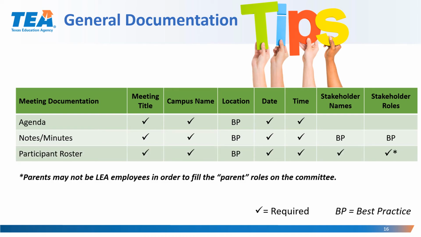The participant roster should include the meeting title, campus name, date, time, stakeholder names of those in attendance, and stakeholder roles. It is best practice to include the location of the meeting. Please note that parents may not be LEA employees in order to fill the parent roles on the committee. We will now look at requirements associated with program requirement number 2.